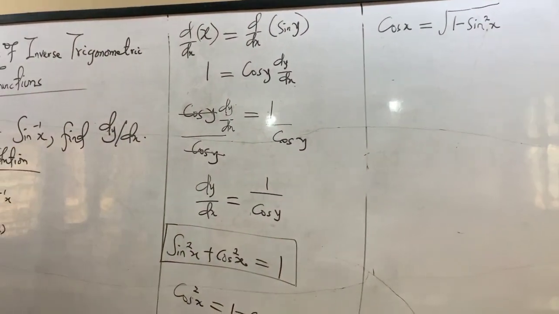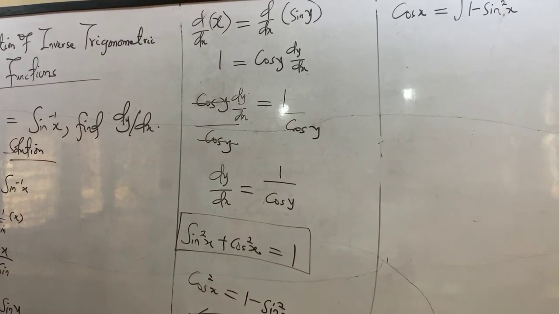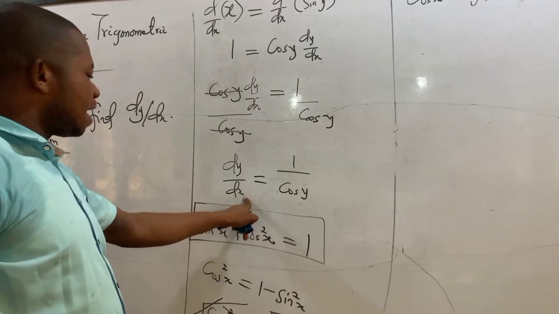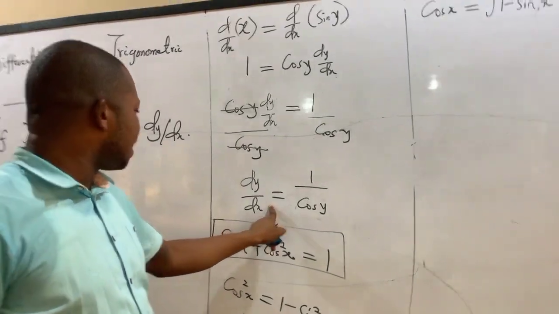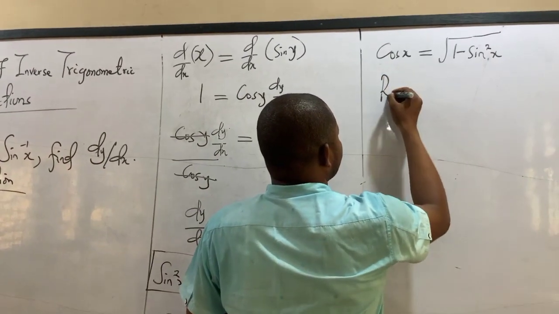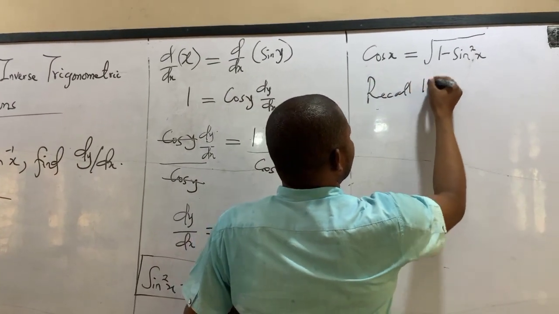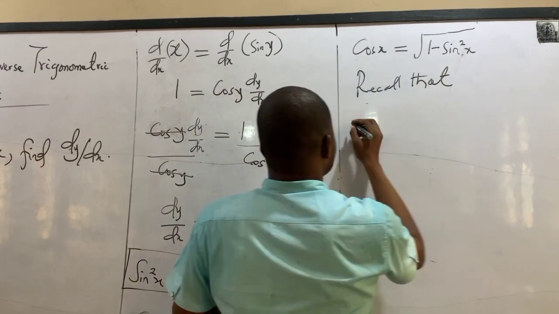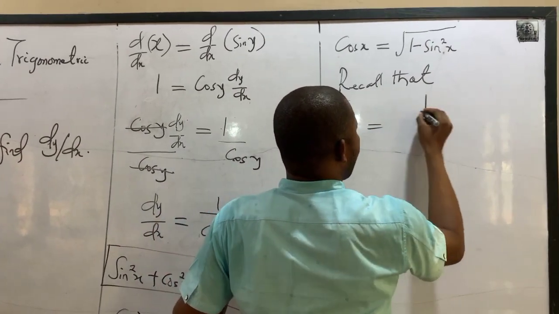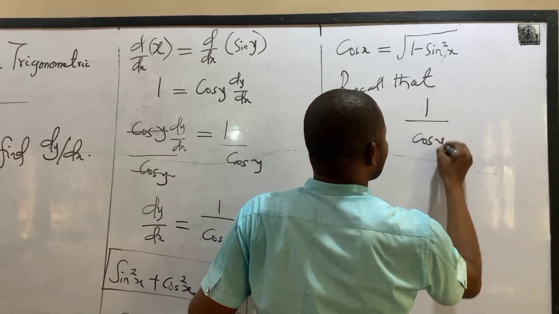Now, look at what I'm going to do here. Don't forget, our aim is to find dy/dx. I've gotten dy/dx to be this, which means that, recall, dy/dx is equal to 1 over cos y.